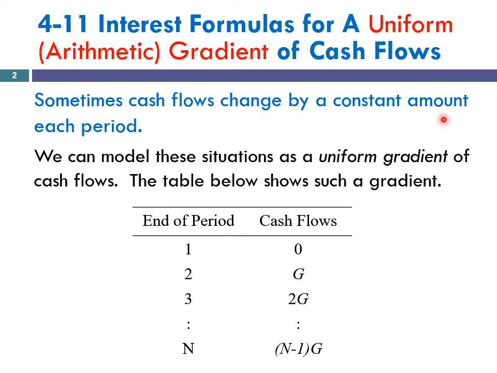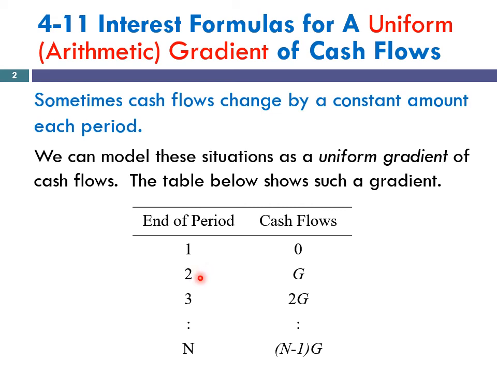When the cash flows change by a constant amount, we call it a uniform arithmetic gradient series of cash flows. Simply, these cash flows have such a structure. At the end of year 1, the cash flow is 0. I said year, but it can be month, week, or quarter, so it's better to call it a period.